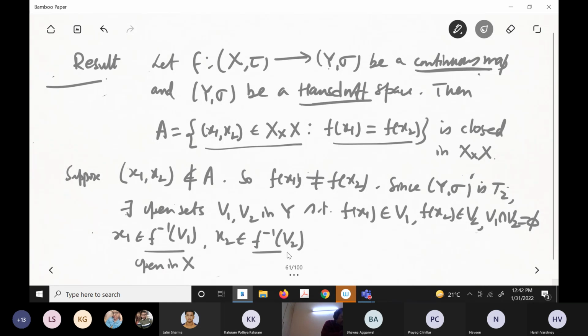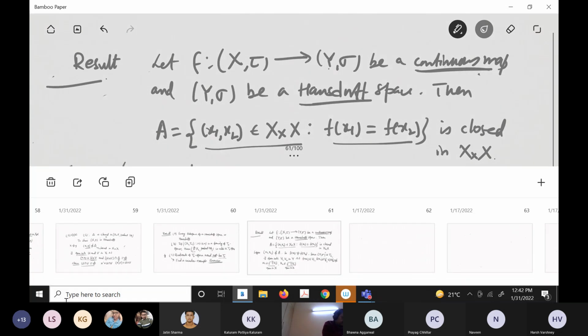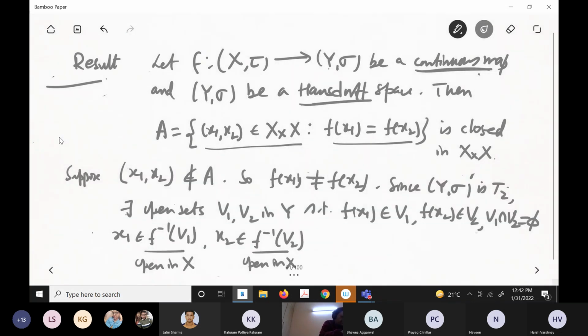Similarly, this is open in X. So that means (x1, x2) belongs to this open set, which is a basic open set in the product space.